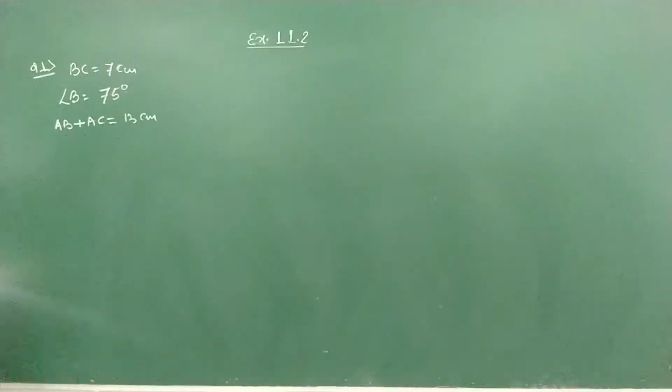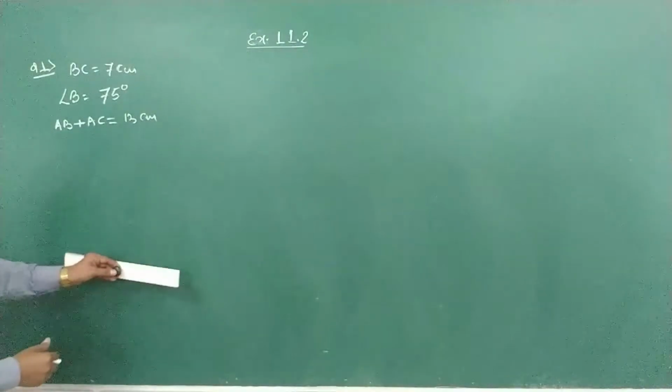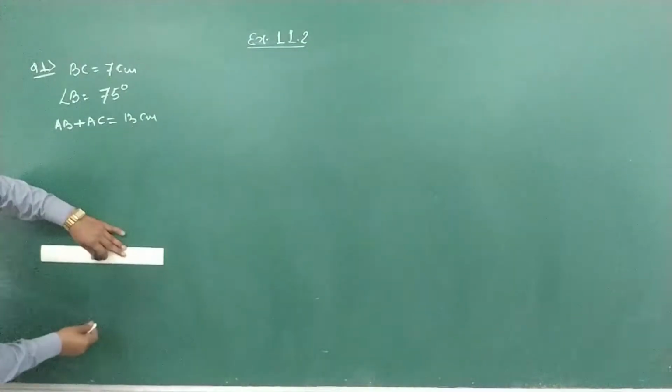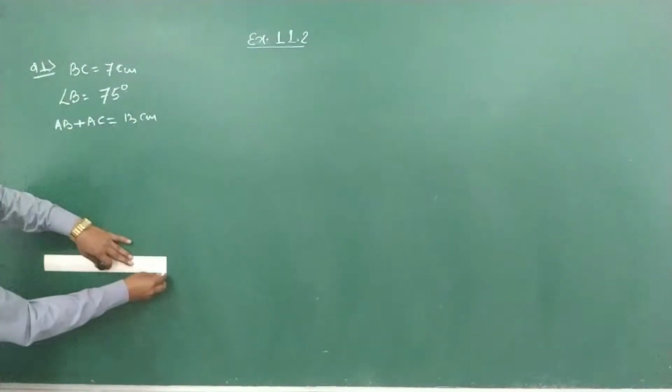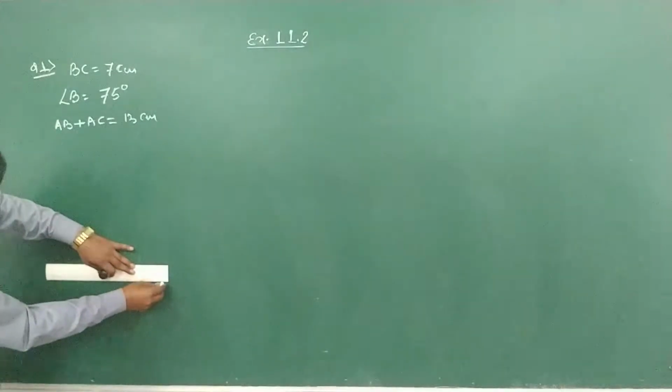So we draw the base first, step 1. You can write down the steps according to your construction in your own language. So we draw the line BC first, 7 centimeter.